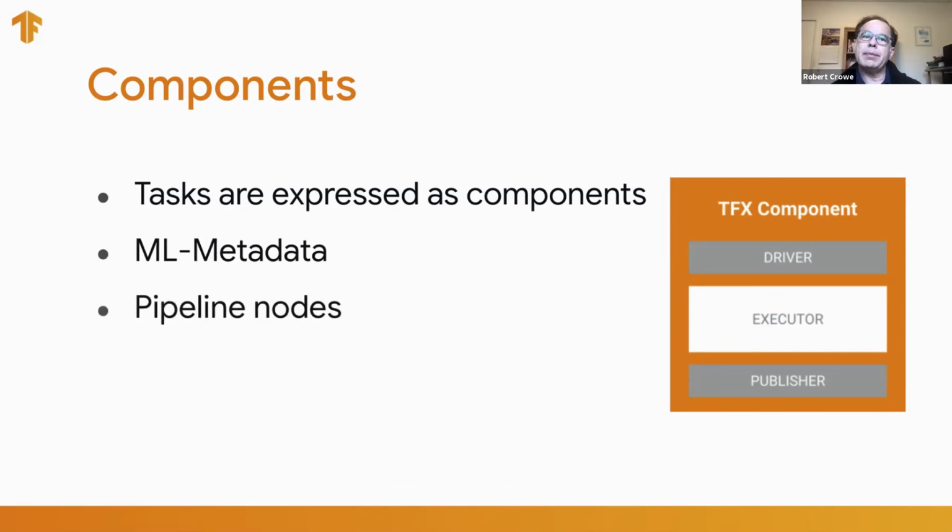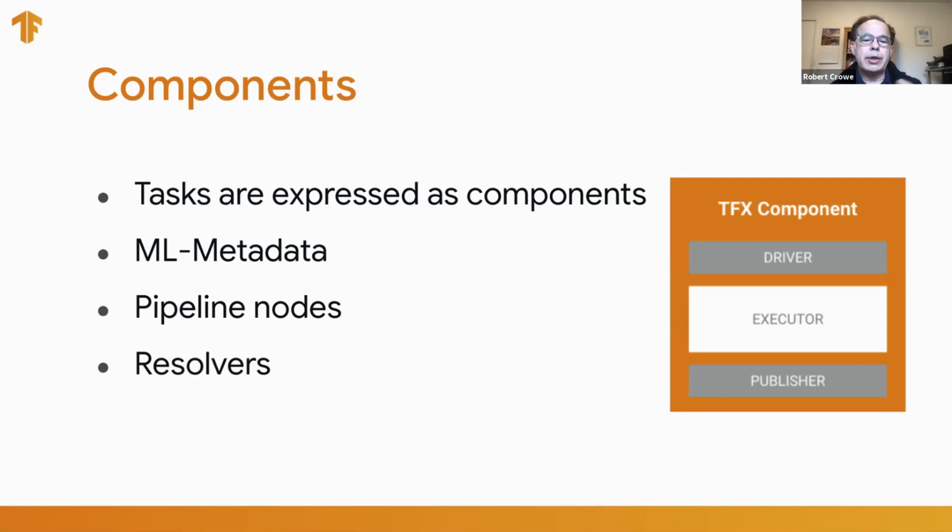There's actually pipeline nodes. So in fact, components are a particular type of pipeline node. We'll get into that a little bit more too. But components are the main pipeline nodes that you work with. There's some others as well. One of the important ones that is not a component is a resolver.